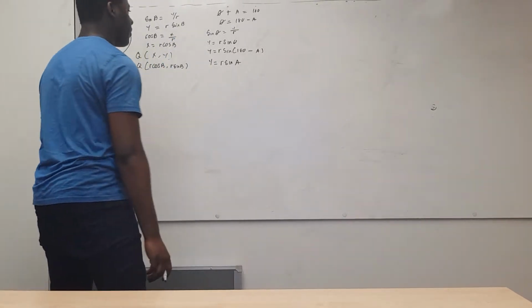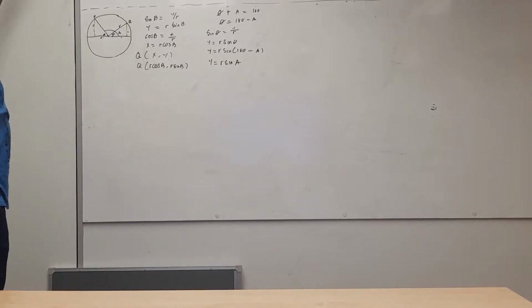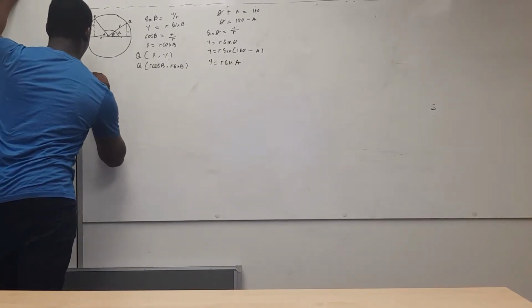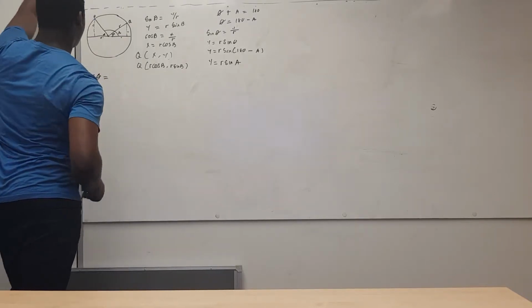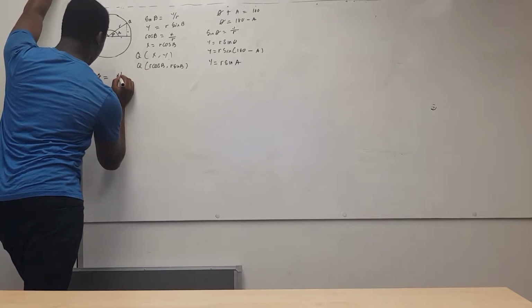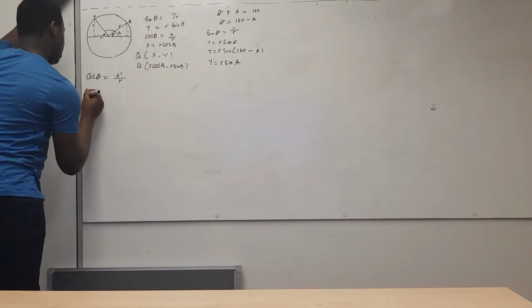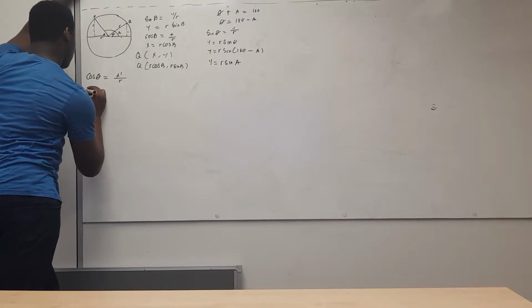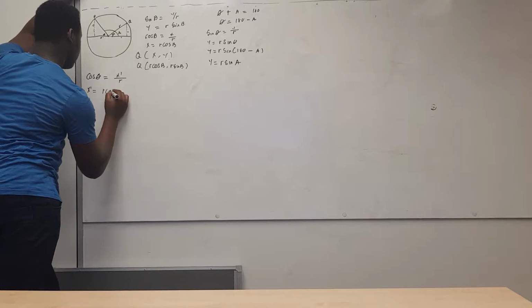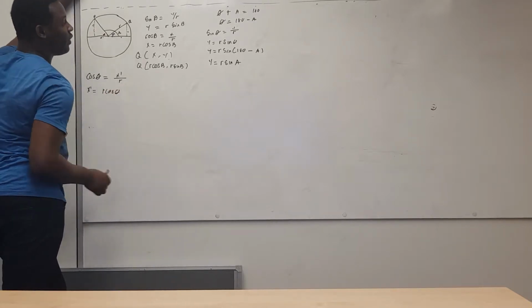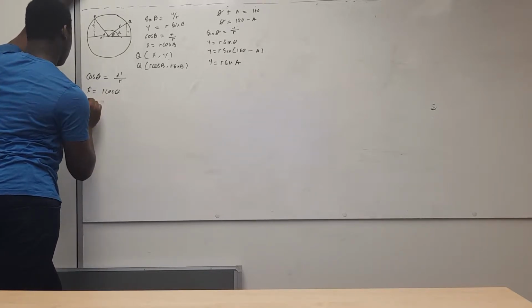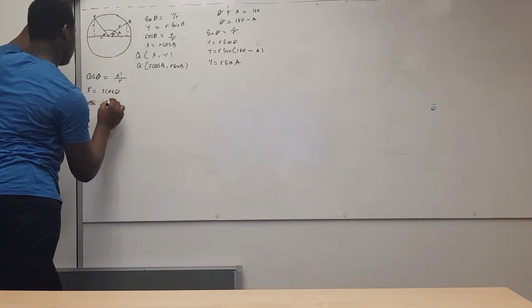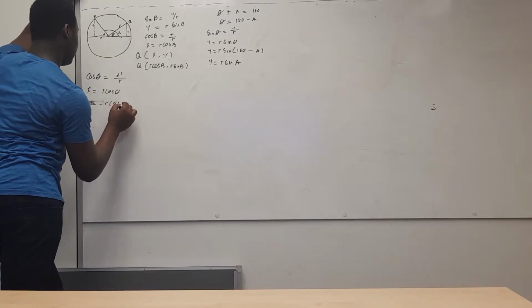We also know something. If we wanted to do cosine phi, that's equal to x prime, which is a negative number, divided by r. So x prime is equal to r cosine phi. Cosine phi is 180 minus a, so x prime is equal to negative r cosine a.